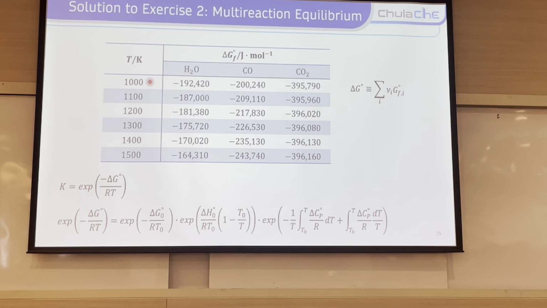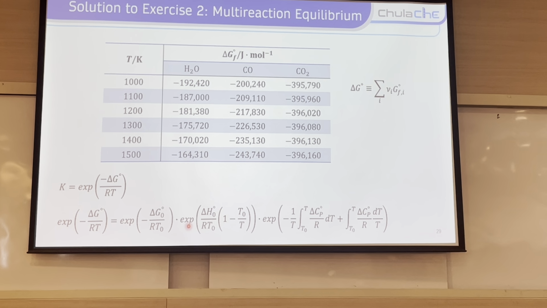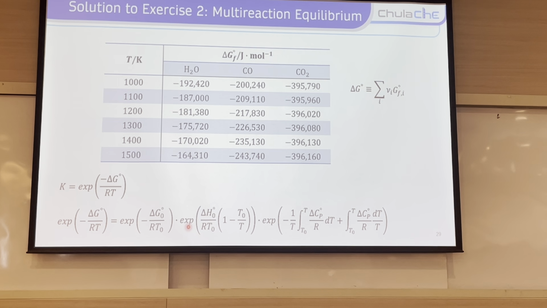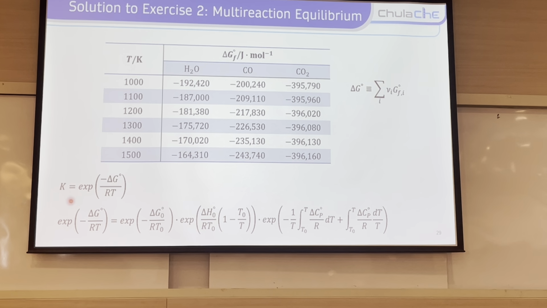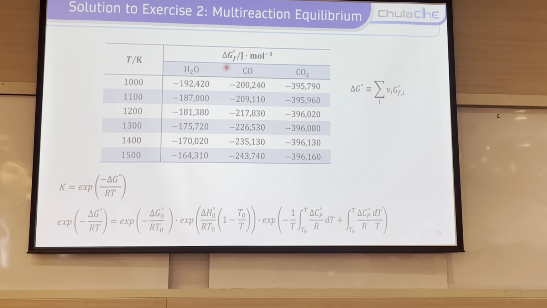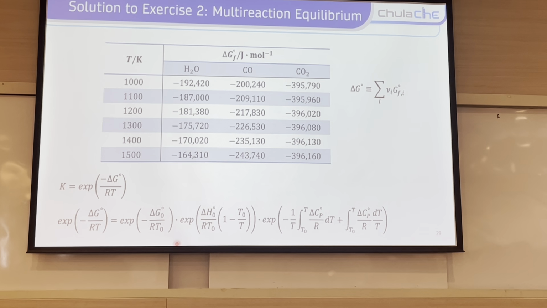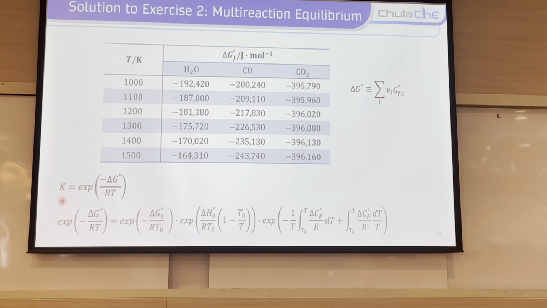When you don't know it at the specified temperature, you have to use the standard heat of reaction at the reference temperature instead for calculation of the equilibrium constant. Because in that case, you don't know this data at the specified temperature. So you have no alternative but to use the data at the reference temperature to calculate the equilibrium constant.